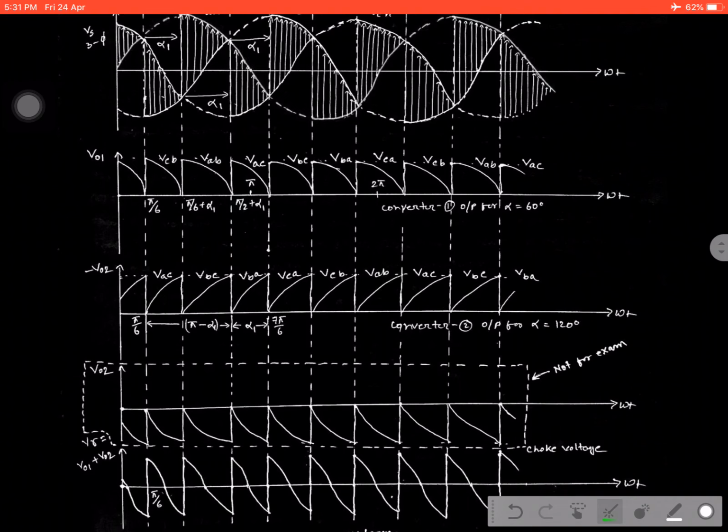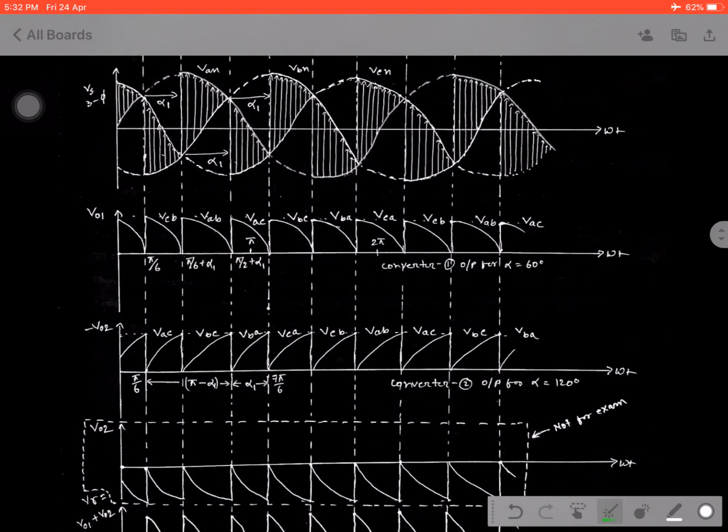At the region pi by 6 plus alpha 1 to pi by 6 plus 2 alpha, that is VAB, and that is the mirror image of VBC. After adding these two parts, this one plus this one, you get this kind of wave shape. Clear? That means pi by 6 plus alpha 1 to pi by 2 plus alpha 2 is the wave shape. It can be further applied for calculating the circulating current across the inductor.